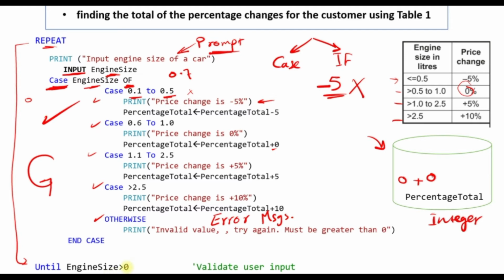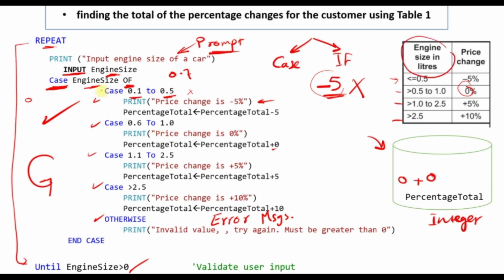Because if he inputs, as I told you at the beginning, a negative value, it will repeat again the same thing until the value is positive. The value must be positive. So the positive value here will go through the conditions. Otherwise, it will keep repeating until the value is acceptable.